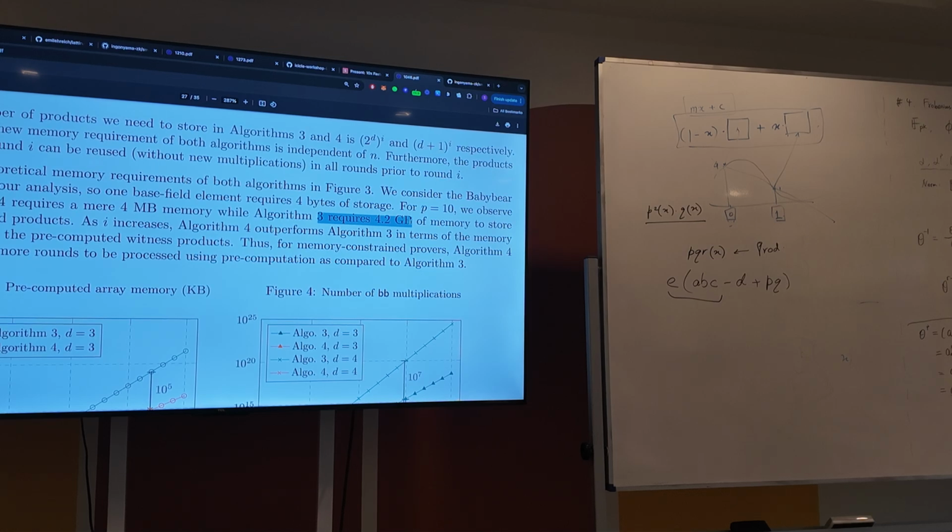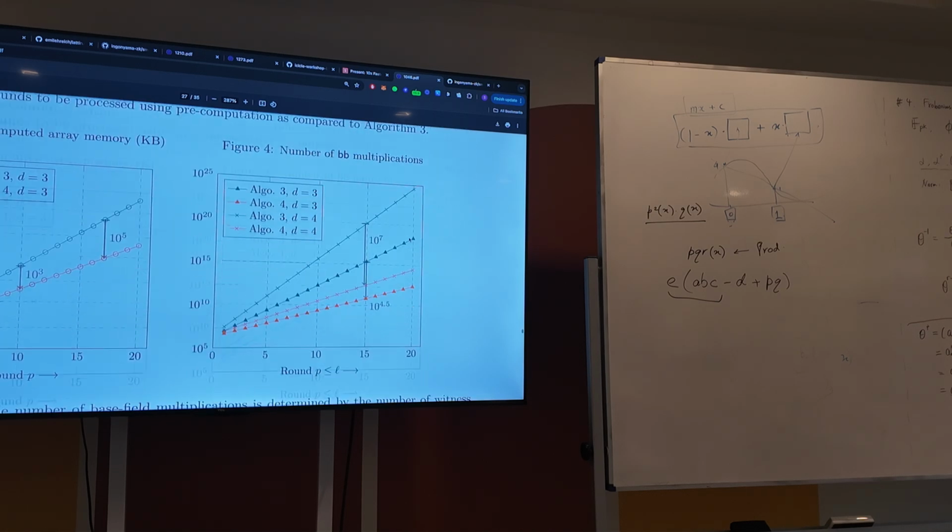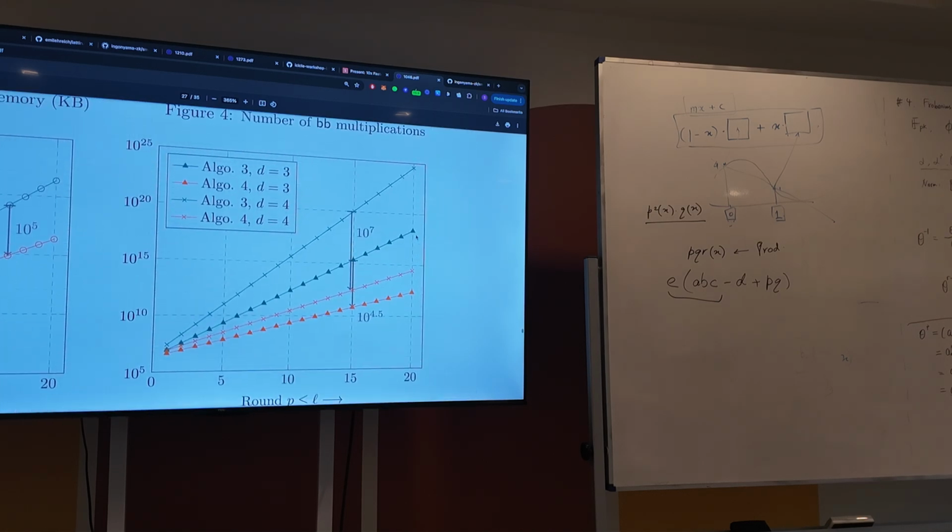And for the number of BB multiplications, there's also a very big gap. Algorithm 4 is way better than algorithm 3, but the number of BB multiplications is already the least dominant part. The extension field multiplications dominate everything, especially in binary fields.